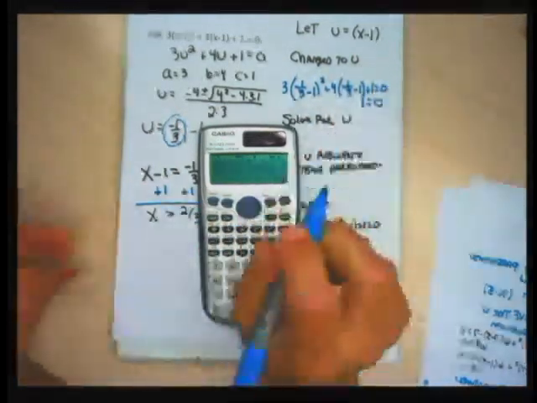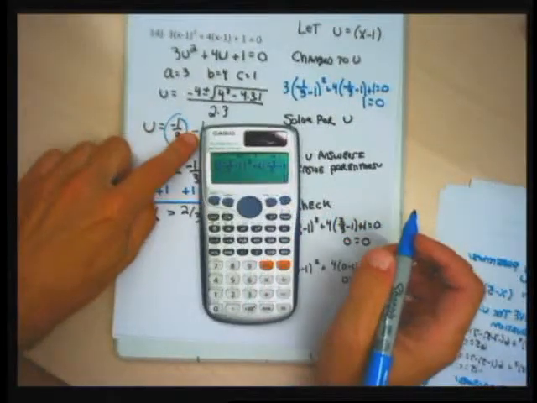And that's not true. So negative 1/3 isn't a solution. Negative 1 also isn't a solution.